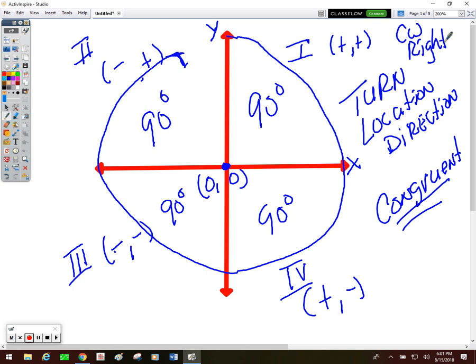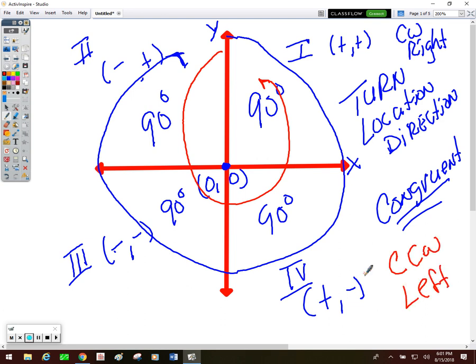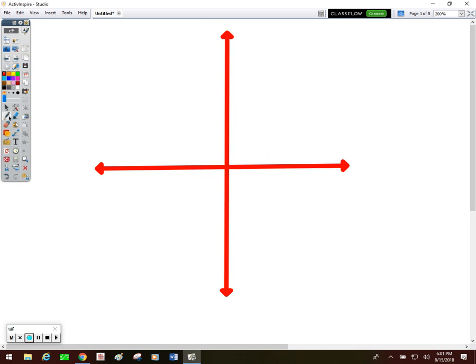I know all this is getting jumbled up. I should erase it. I apologize. By the same token, if I want to go in the other direction, backwards, this is counterclockwise, and it goes to the left. Some way to help you think about it: think about a clock.